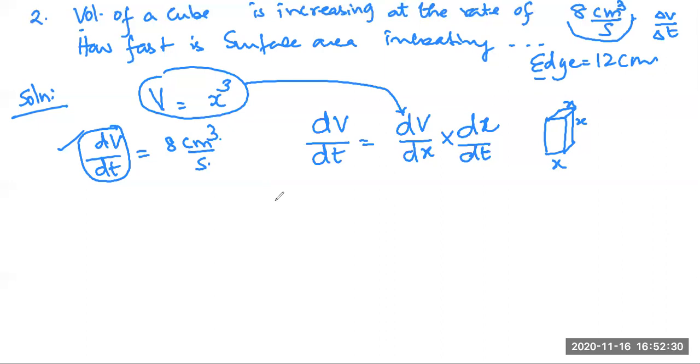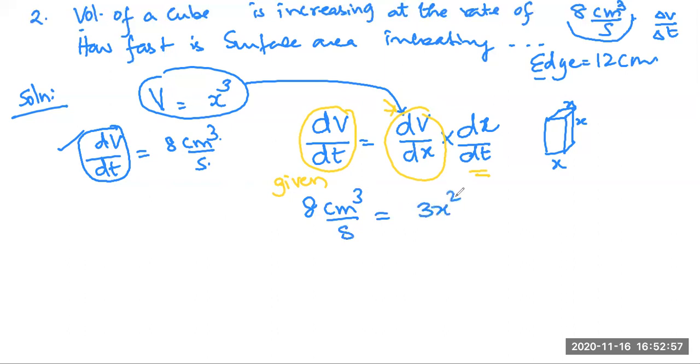Okay, so what is given in this? This is given, and this can be found from this. So you get dx by dt. Let's see what I am doing. dV by dt, 8 centimeter cube per second, equals dV by dx, that means 3x square, I differentiated this, multiplied by dx by dt.